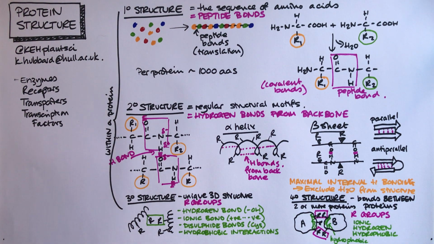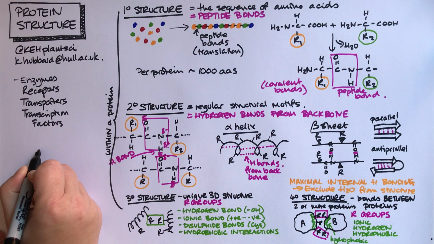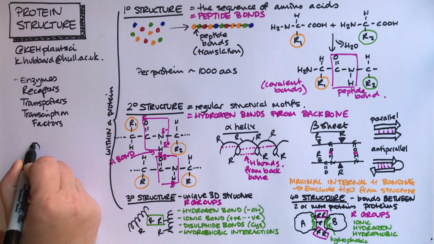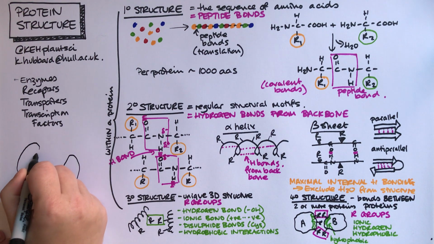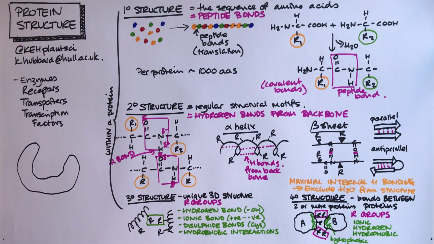And this means that if we're thinking about the function of a protein, then this starts to set us up for that function. So let's imagine we've got a protein, so I'm just going to draw a cartoon of a protein. And let's say that this needs to interact with a particular molecule.